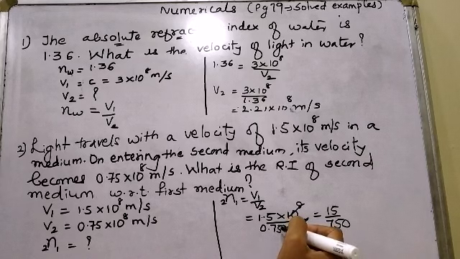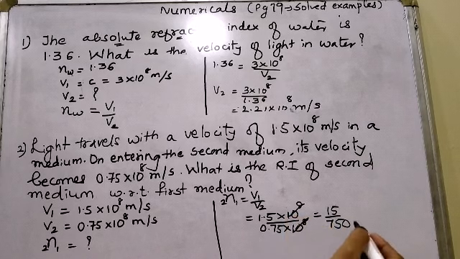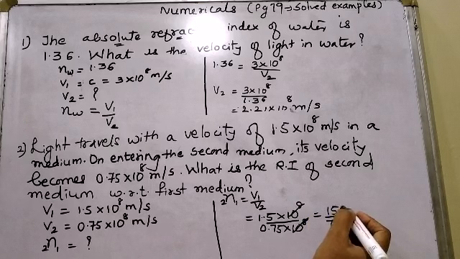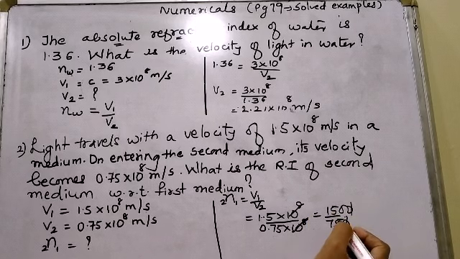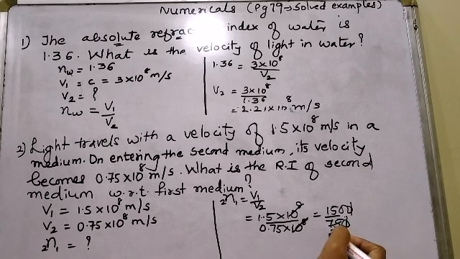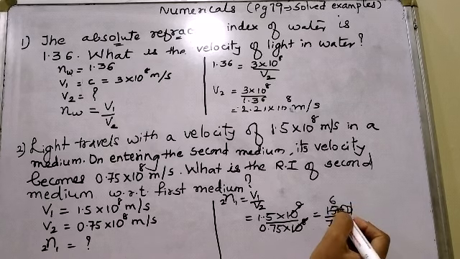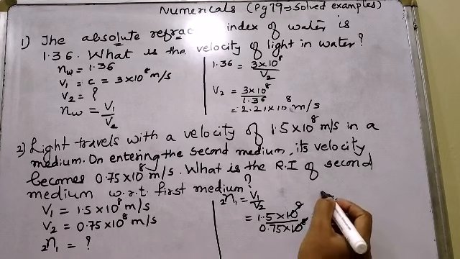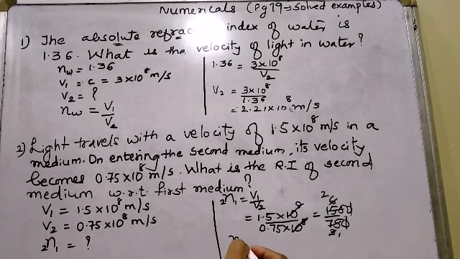And if I have to remove the decimal from the denominator, the decimal is after 2 places, so I will multiply by 100. So the 0 and 0 will get cancelled. 25 3s are 75 and 25 6s are 150. So the refractive index of the second medium with respect to the first medium will be equal to 2. And refractive index has no unit. So N21, that is the refractive index of the second medium with respect to the first medium, will be equal to 2.